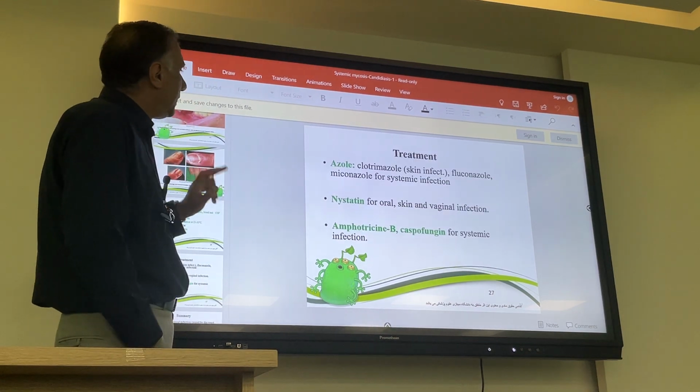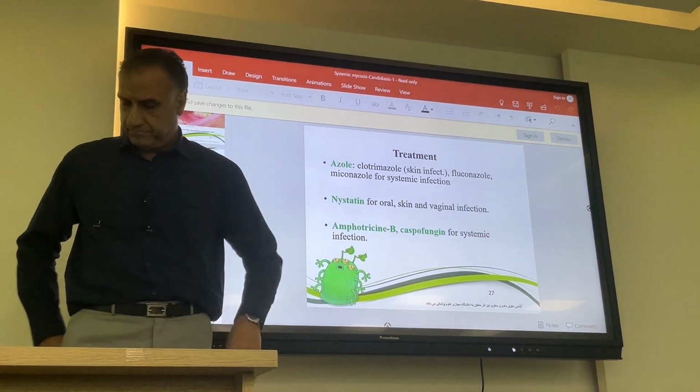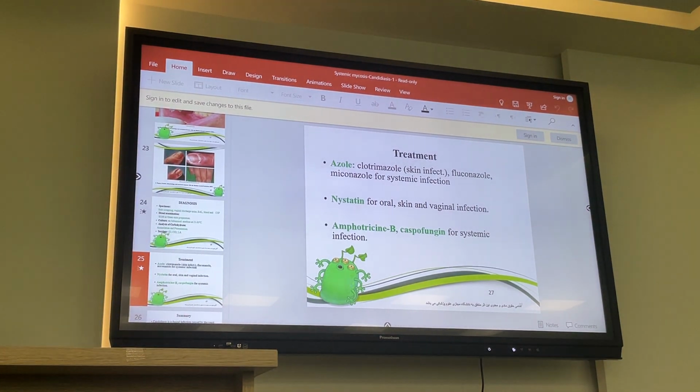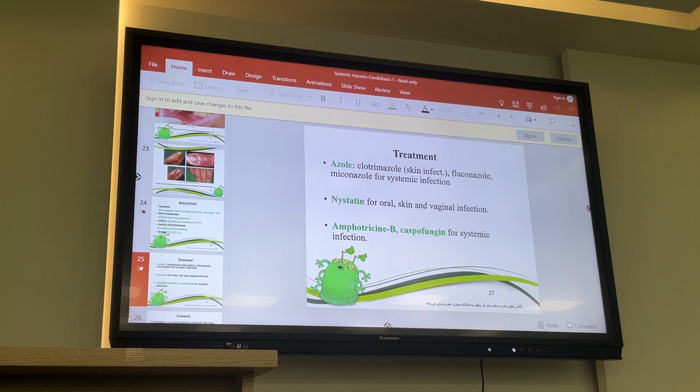After diagnosis, we must treat the infection based on the location.